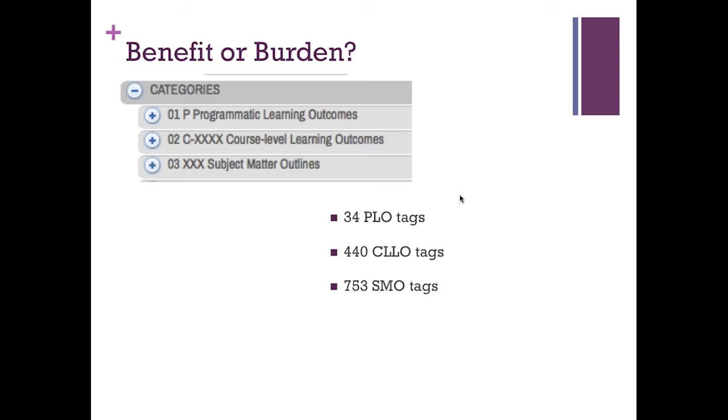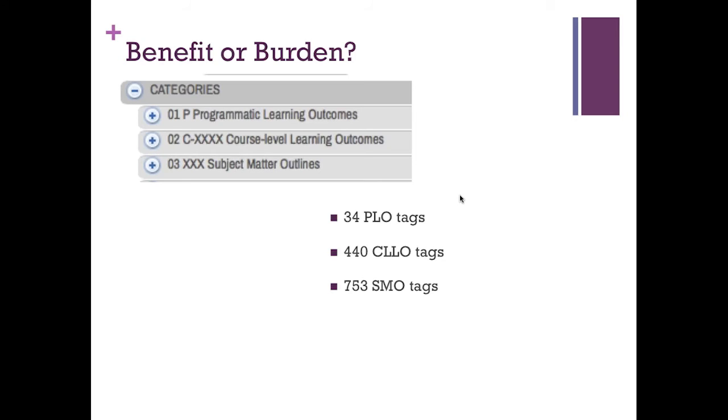Okay? And so when you think about it, we have 34 programmatic learning outcome tags, 440 course level learning outcome tags, and 753 subject matter outlines, and it's growing.